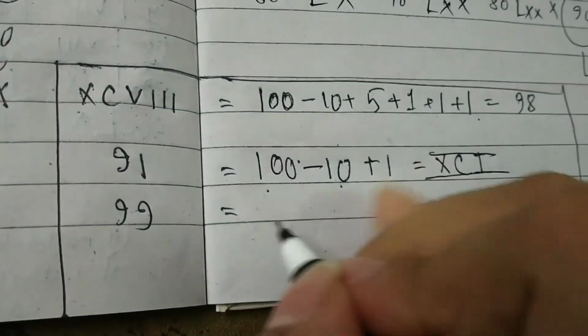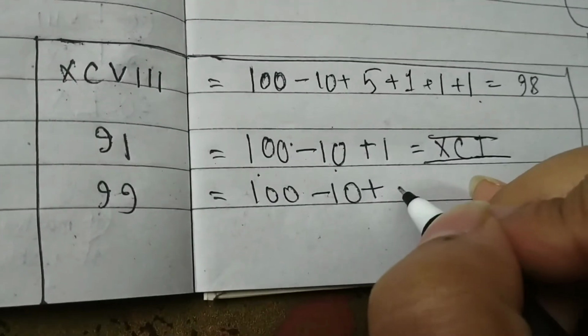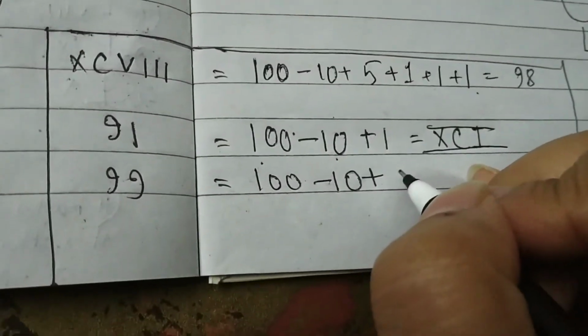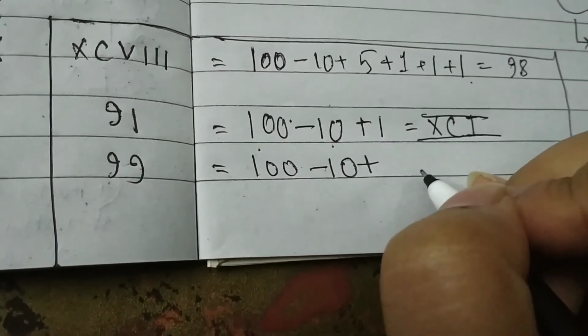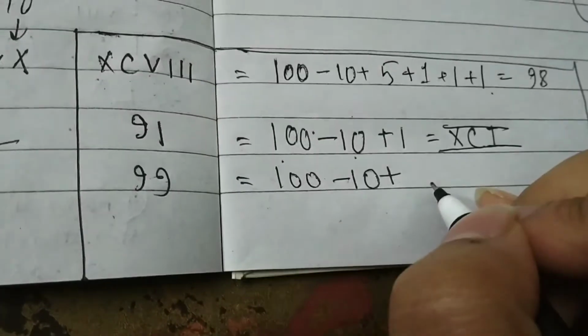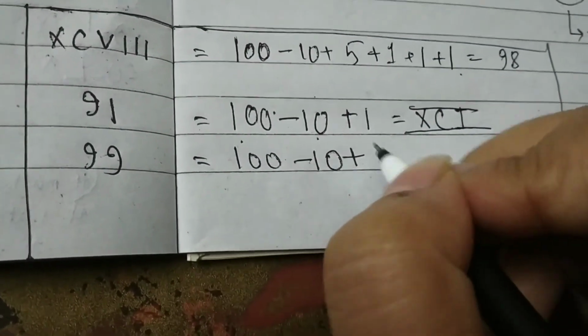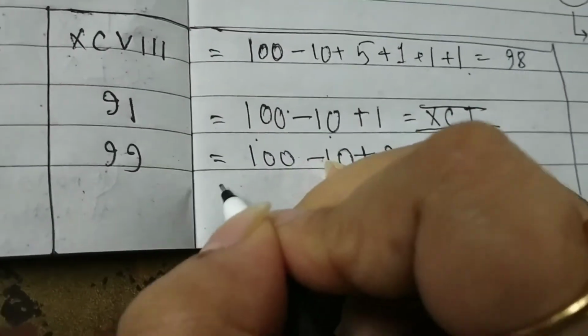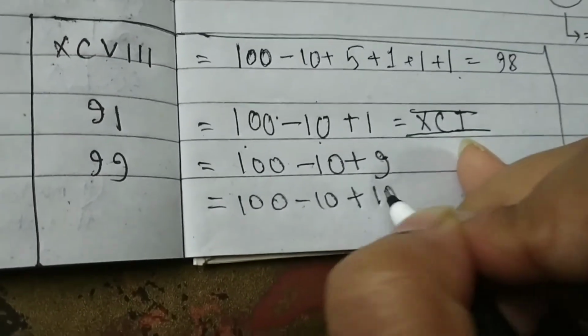99, it's going to be 100 minus 10 plus 9. The thing is, you can write 9 or you can break it in different forms, but I think you should write 9 only. Or you can break it up as follows: 10 plus 10 minus 1.